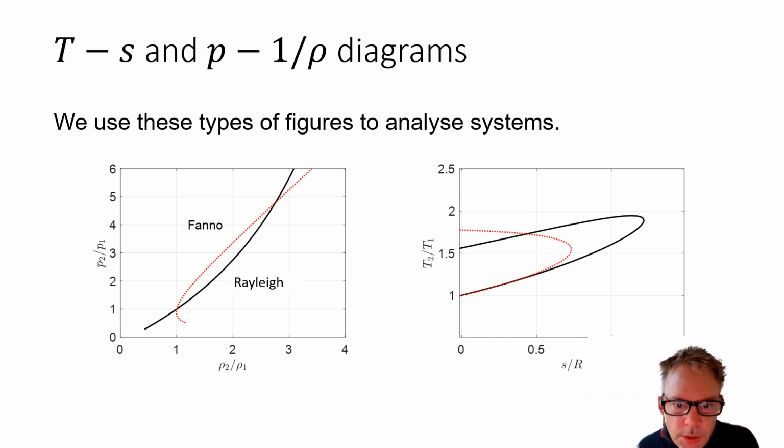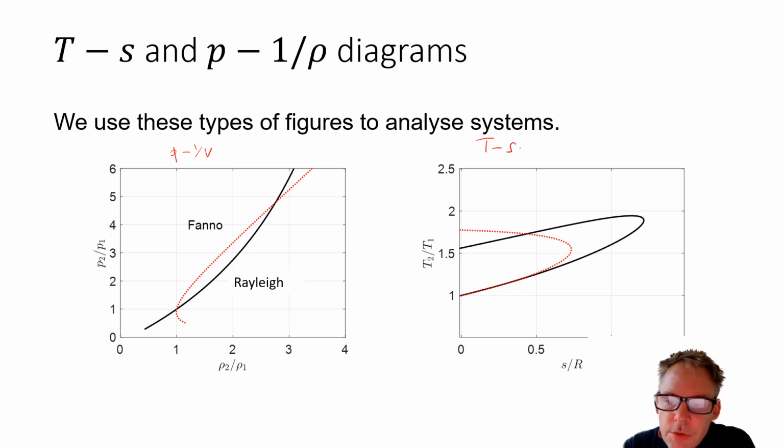These two graphs show the variation of P versus rho and T versus S. We use these quite a lot, these P, 1 over V, and T versus S diagrams for looking at systems, Carnot cycle and the like that you saw before.